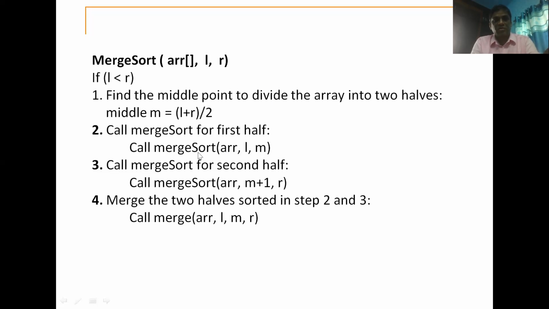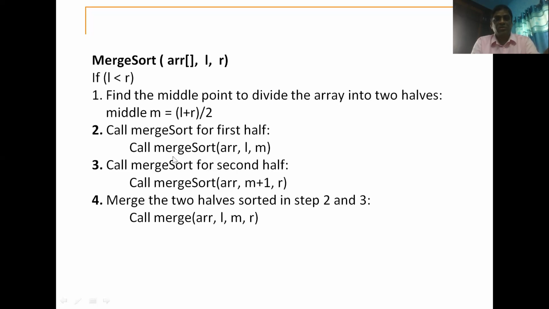So merge sort is called again for the first half, and then merge sort is called for the second half. How do you mention the second half? Starting from M plus 1 index up to the right index, it is going to be the second half. So we call the function merge sort by sending the array name, comma, M plus 1, comma, R. This indicates the second half.